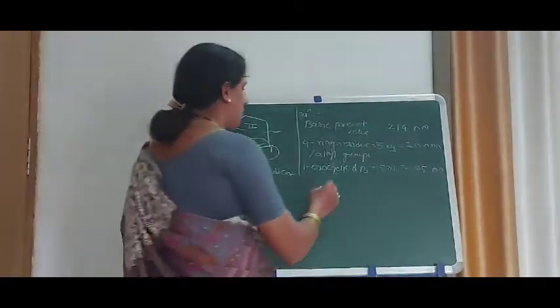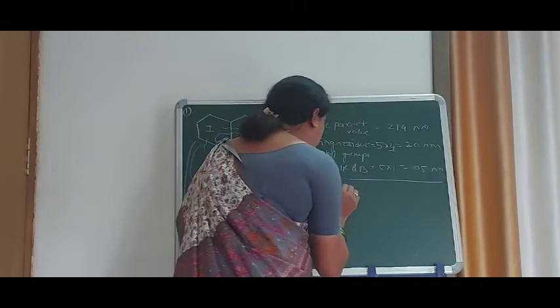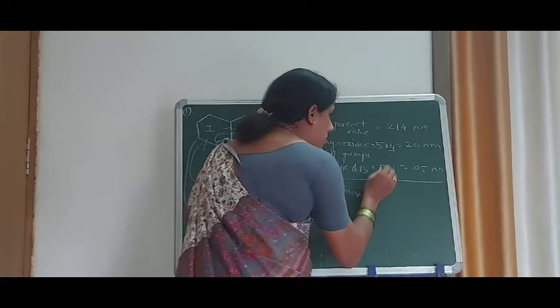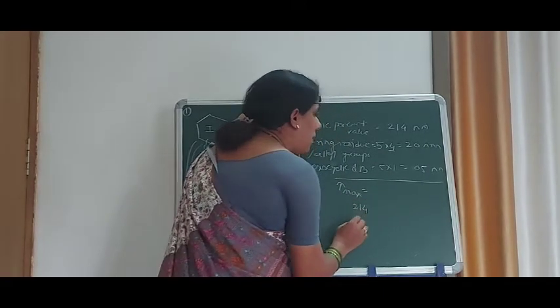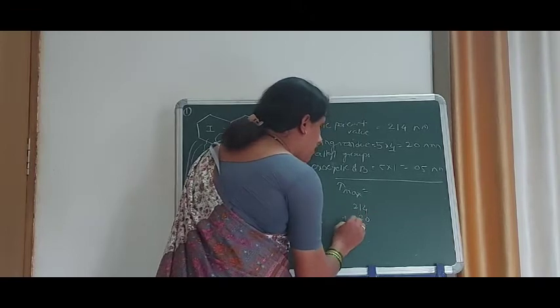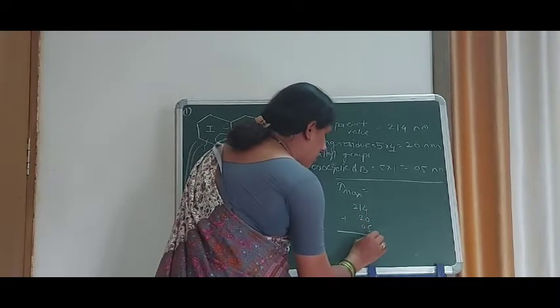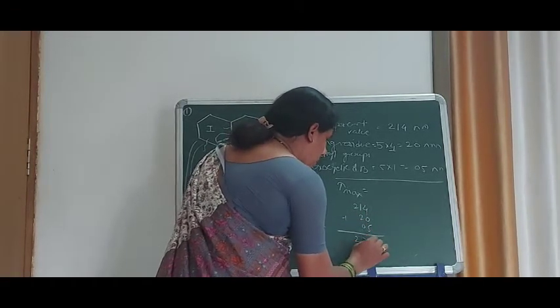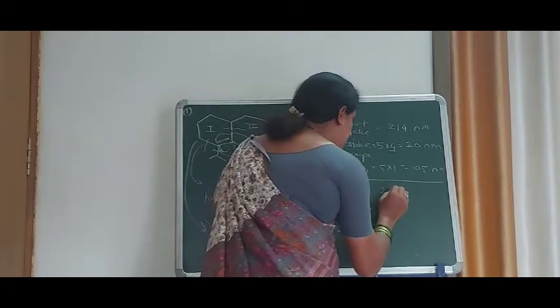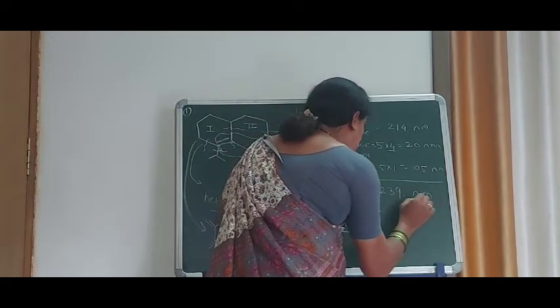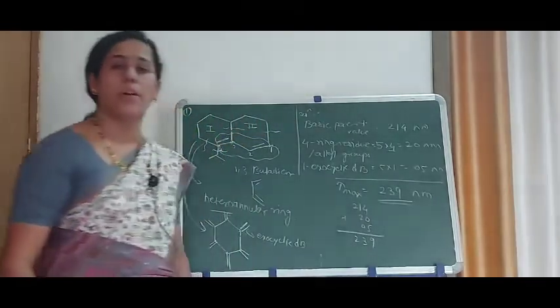Therefore, lambda max, simply you have to take the sum. What is the value? 214 plus 20 plus 5, that is equal to 239. That is the final value for this compound.